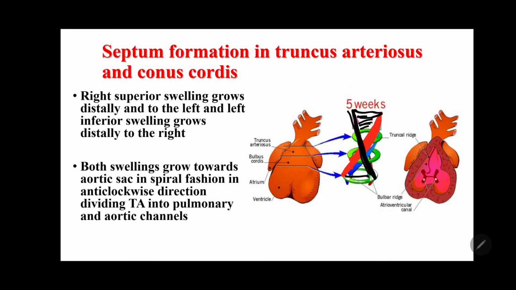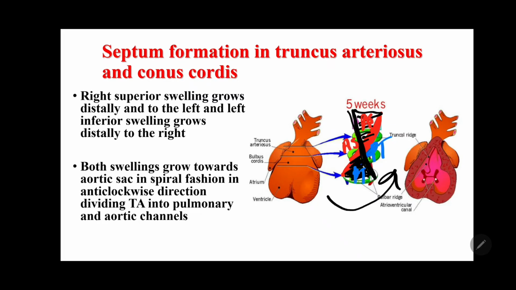They are forming the septum here. Both swellings grow towards the aortic sac in a spiral fashion in the anti-clockwise direction. They are growing there and dividing the truncus arteriosus into a pulmonary trunk here, and an aortic sac.